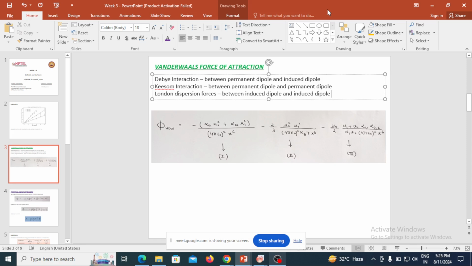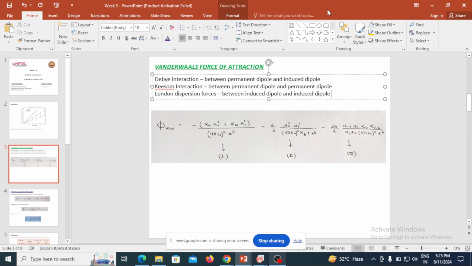So that's how these three interactions are classified. A permanent dipole will inherently have a dipole moment for itself because of the electronegativity differences in the elements present in that particular molecule.